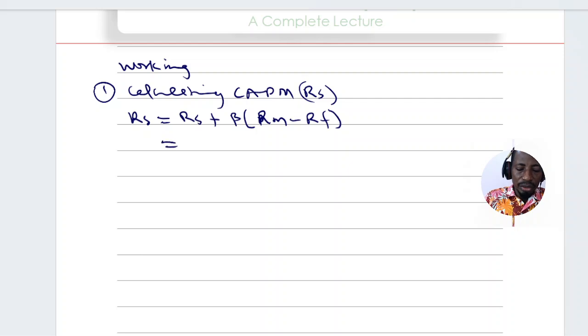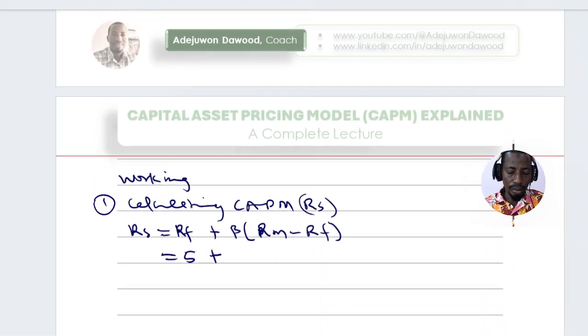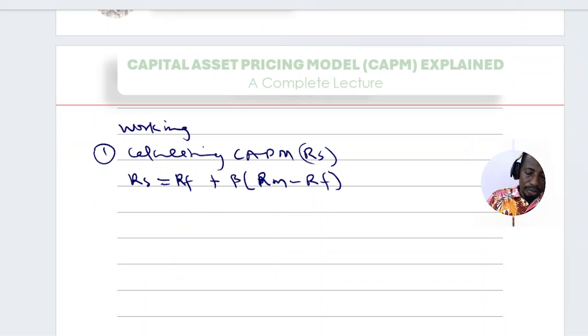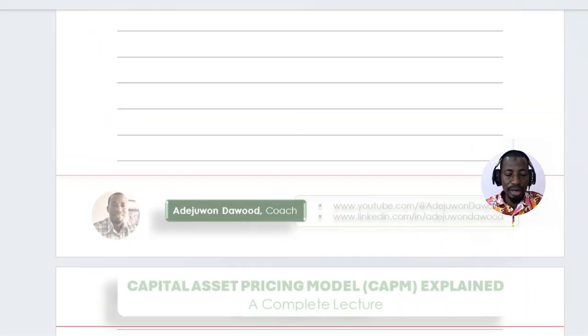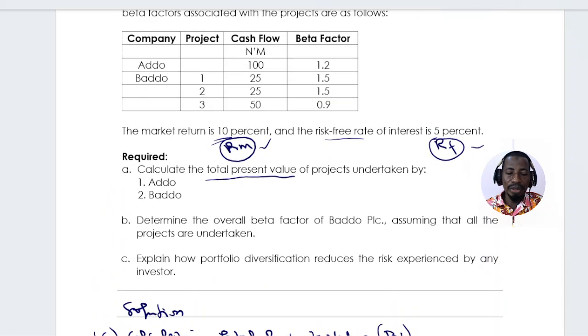So according to the question, the risk-free rate of return is 5%. This is 5% plus the beta of Ado. Let's separate. This is for Ado. So it is 5 plus the beta of Ado, which according to the question is 1.2. 1.2 is the beta of Ado.